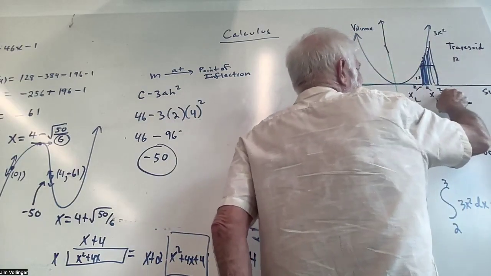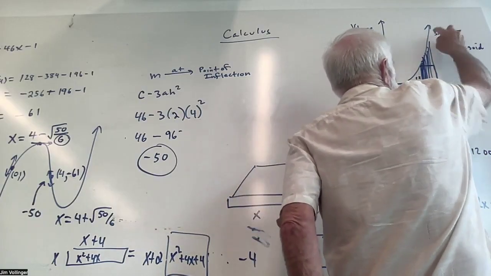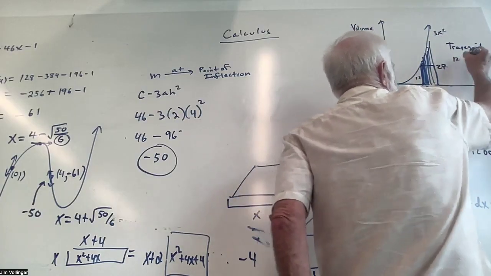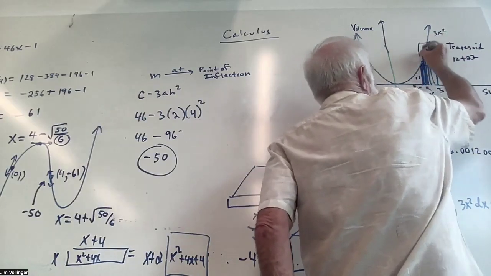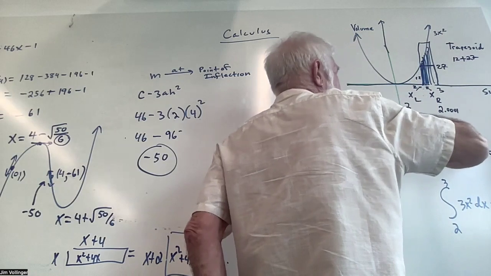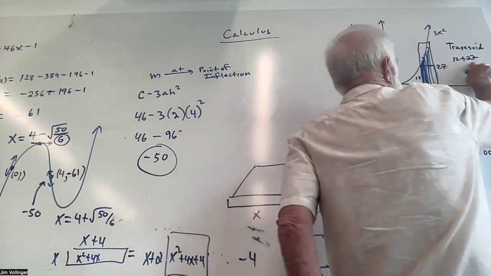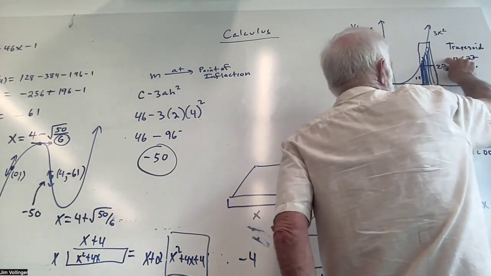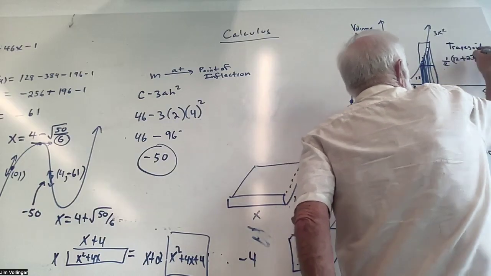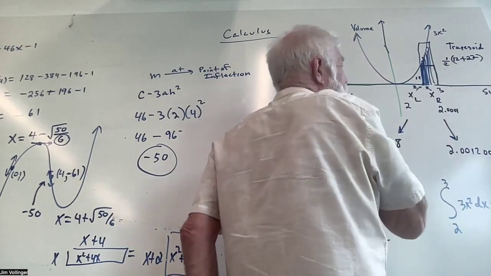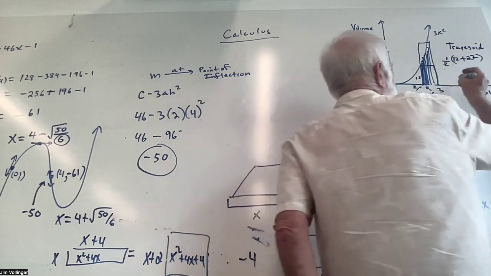And if I use the right-hand side, I get 3 times 3 times 3 is 27. I get 27 units over there with the right-hand rectangle. And a trapezoid is the area of these. And my width was 1. So I cut that in half. And that turns out to be 19.5.